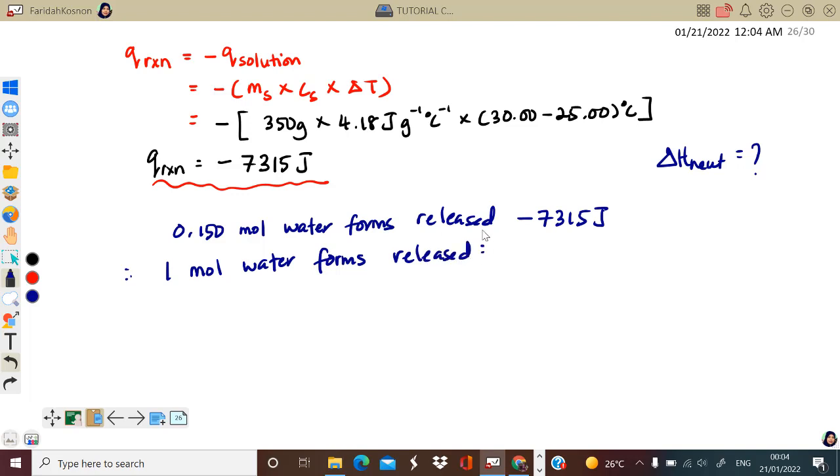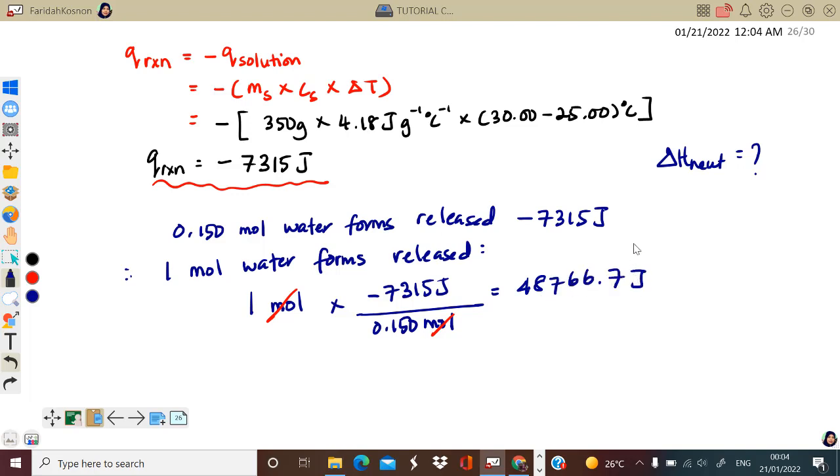Jadi you kena buatlah dia punya pengiraan. 1 mole, okay, divide by here is 0.150 mole times negative 7315 joule. Alright, okay. Mole akan cancel dulu, tak apa, tak ada masalah. Okay, so you akan dapat dekat sini lebih kurang negative 48766.7 joule. Okay, right? Okay.